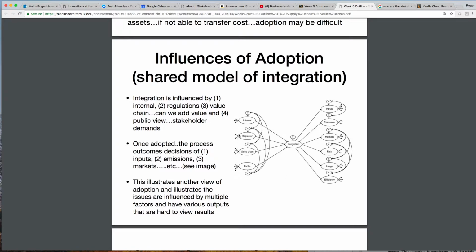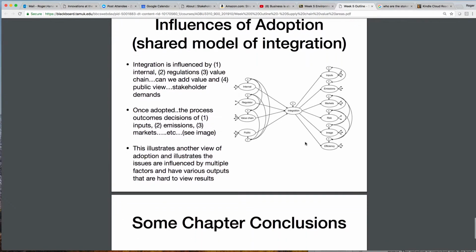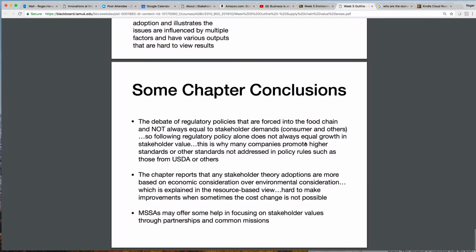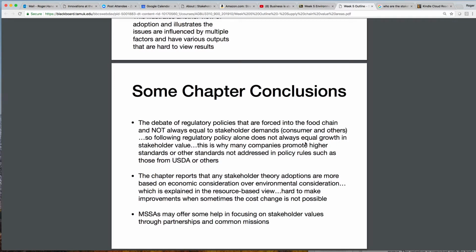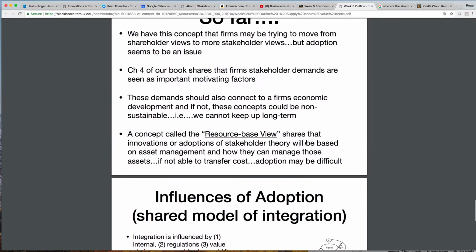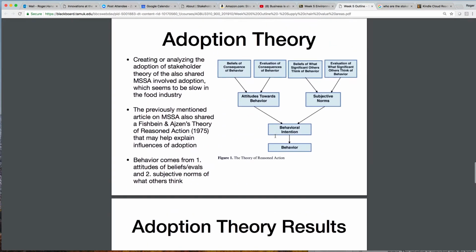That influences this integration. So in your chapter, as we talk about changes in the supply chain, maybe it's not just environmental, but it could be external forces, in other words, environmental to the company. Those are another way that we look at this, but it all is the same function. It's not easy. It's not simple. It actually depends quite a bit on resources available. That's one of the things mentioned, this resource-based view. So that gives you an outline of the week.